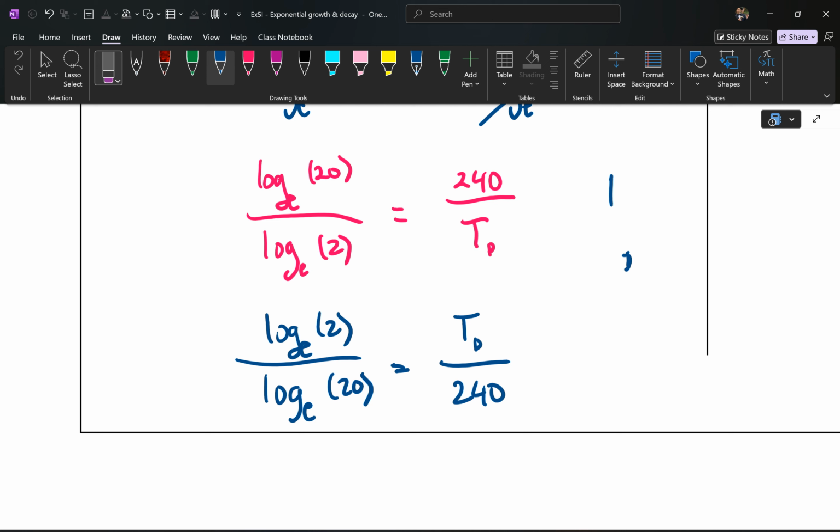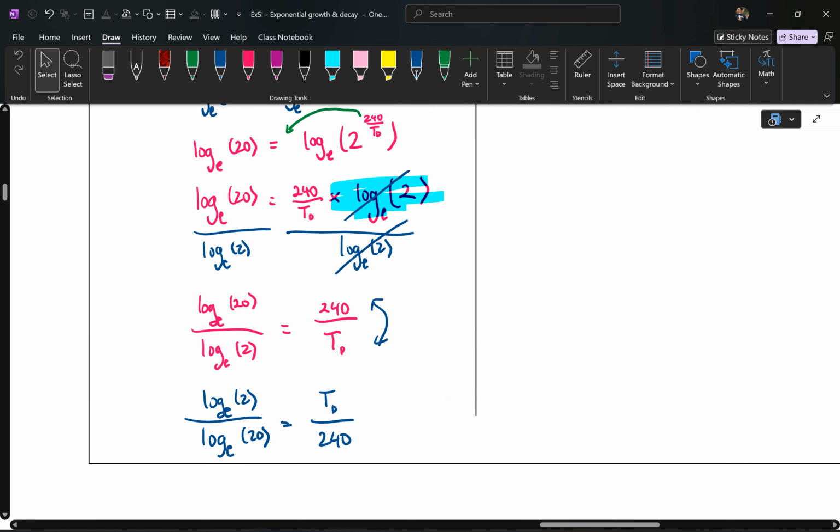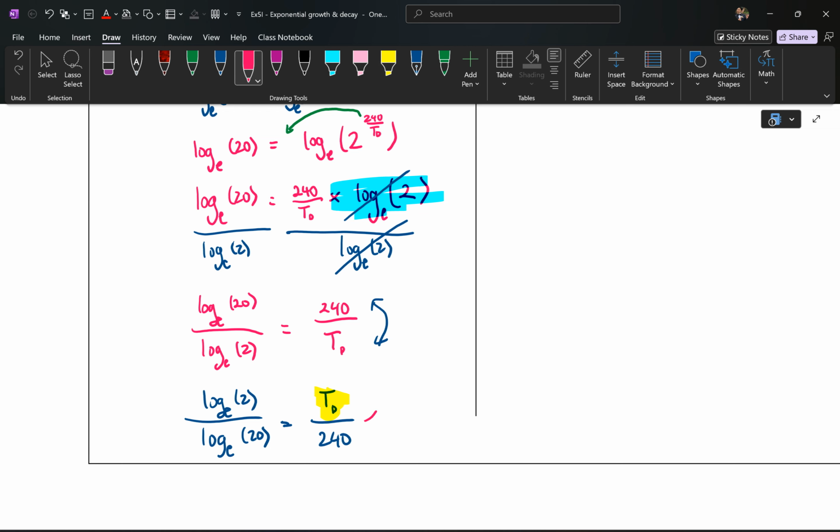So if you did the reciprocal on both sides, which is possible, whatever you do to the left, you do to the right. As long as you do that, it's always equivalent. Now it's easier. Your goal is to find TD. That's divided by 240, so if you multiply both sides by 240, you will get your answer for the generation time.